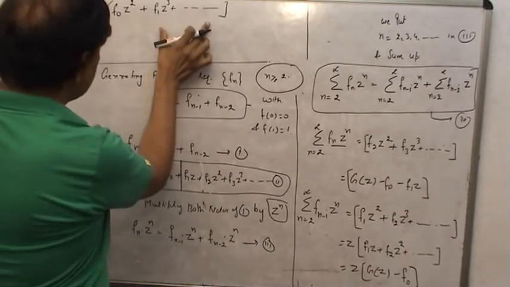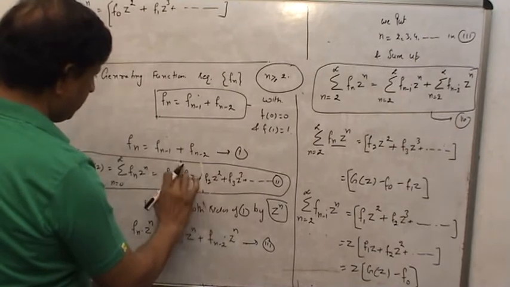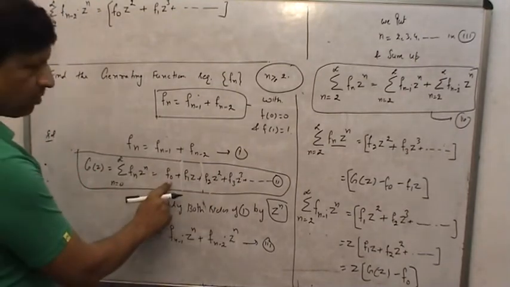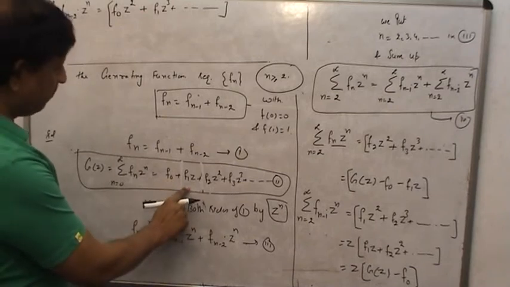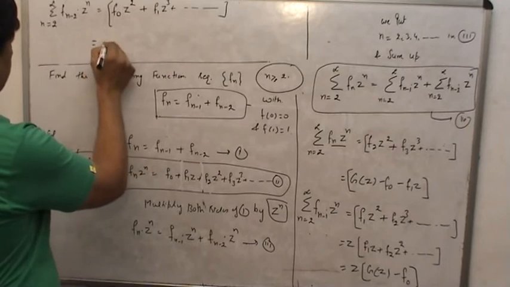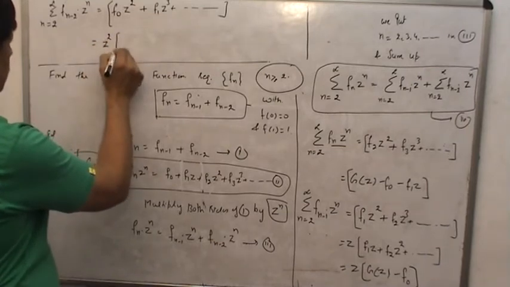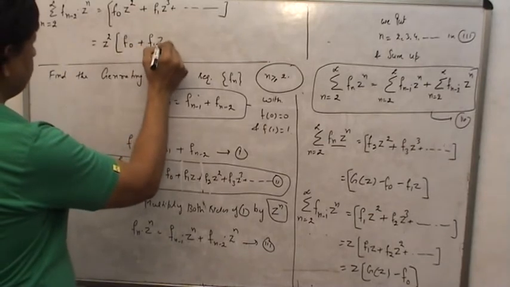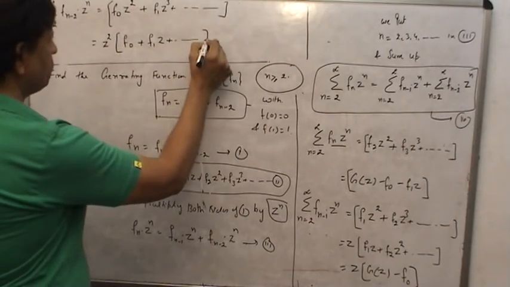Again compare this bracket with the given generating function. We see f0 is alone, f1 z and here f1 z cube. So we take z square common: f0 plus f1 z plus so on.